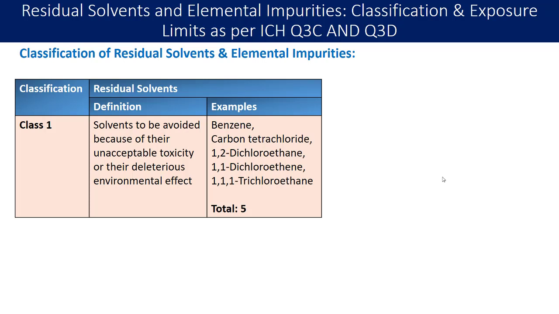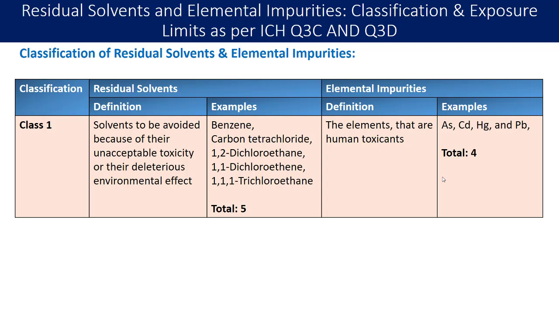So all these solvents will be classified as class 1 solvents. And we all know that benzene, carbon tetrachloride and three more solvents are part of class 1. So in total there are five solvents under class 1.